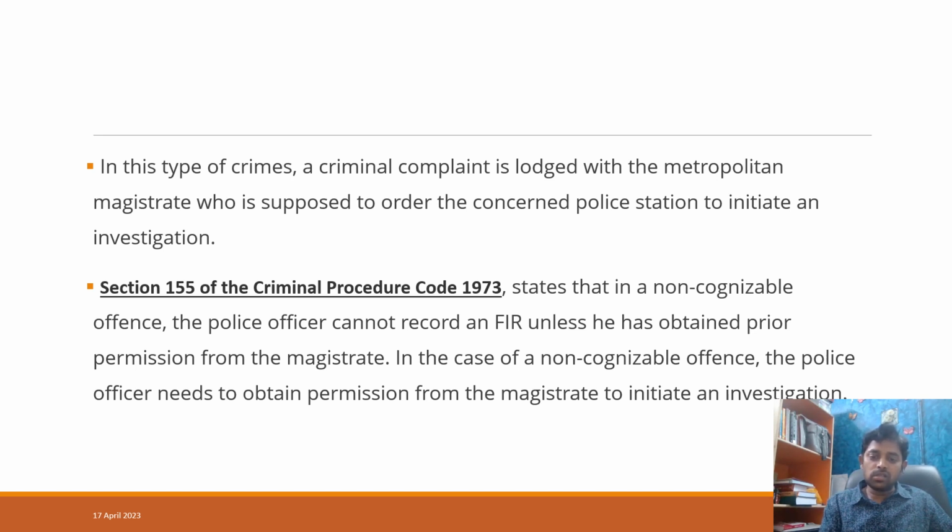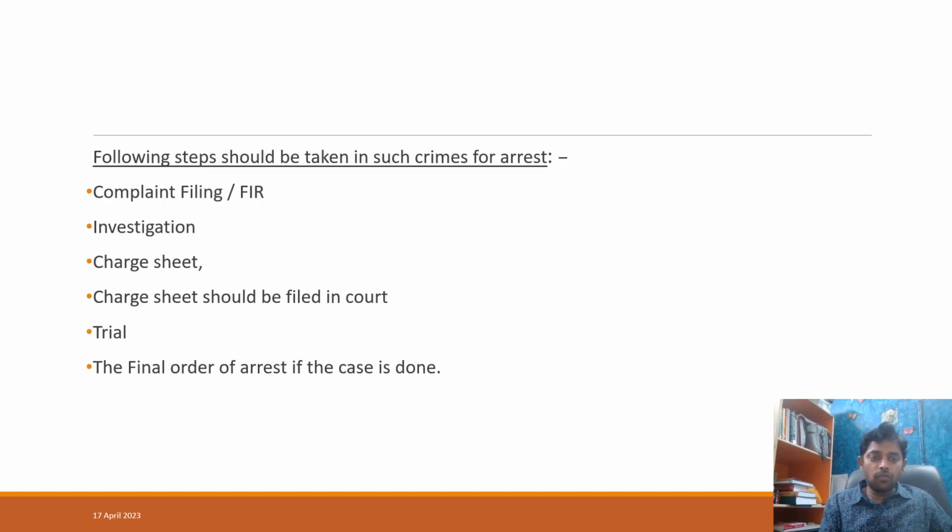The police officer needs to obtain permission from the magistrate to initiate an investigation. The following steps should be taken in such crimes for arrest: complaint filing or FIR, investigation, charge sheet filed in court, trial, and the final order of arrest if the case is proved.